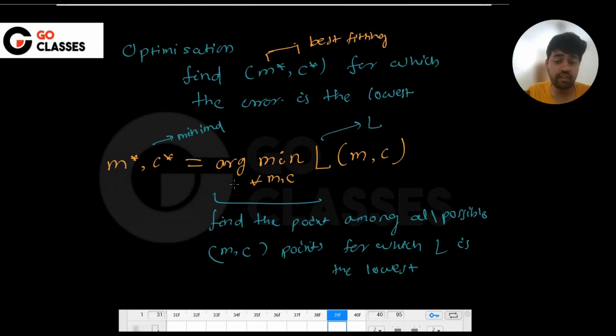L is a function of two variables, and this is the minimum of that function. So m star c star is the minimum of this function L of m comma c, where m is the slope and c is the y-intercept. These are the parameters of our model. So optimization is about finding the best parameters such that this error is the least, or the lowest error. Any doubt in this notation?